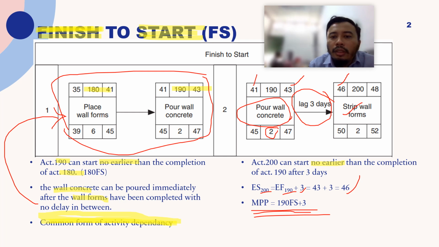You can write 190 FS plus 3, and Microsoft Project will create a finish to start relationship between these two activities, 190 and 200, with a lag of 3 days.